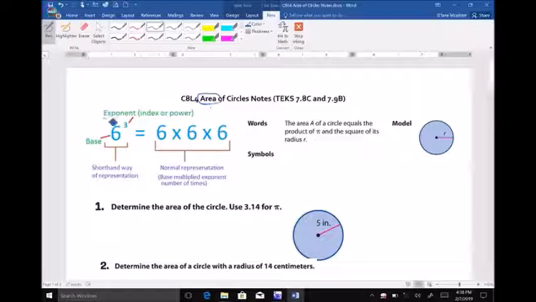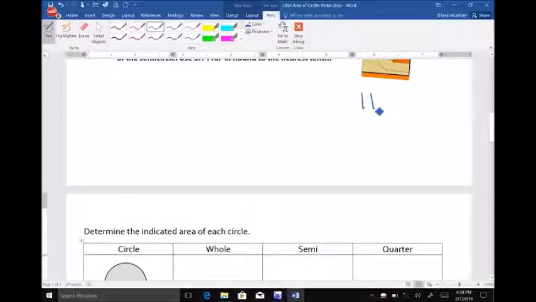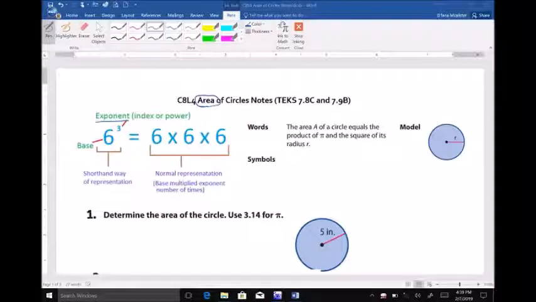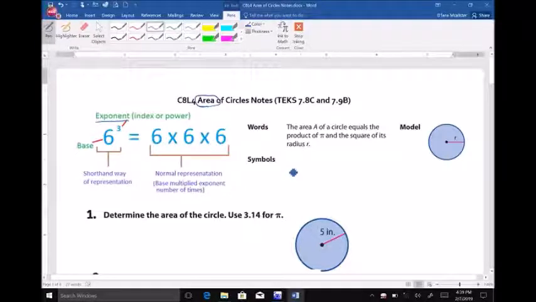One is I want to remind you about exponents, because the formula for the area of circles is pi. The formula for finding the area of the circle is pi times radius squared. So pi we used in finding the perimeter, but it's times radius squared.